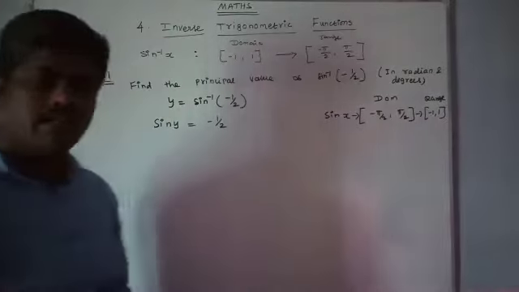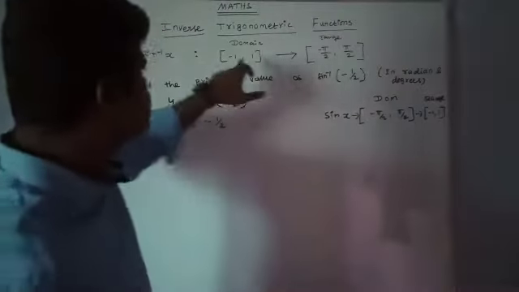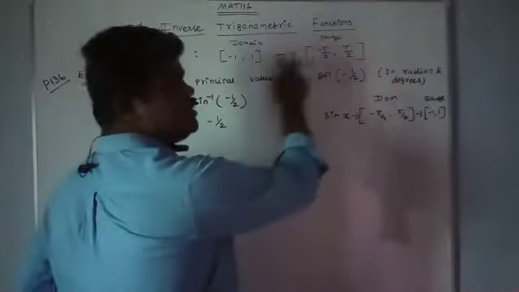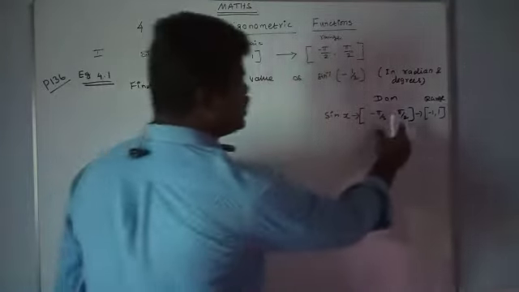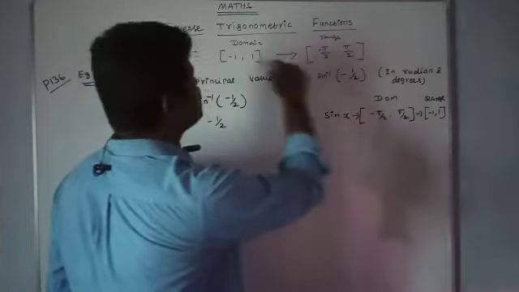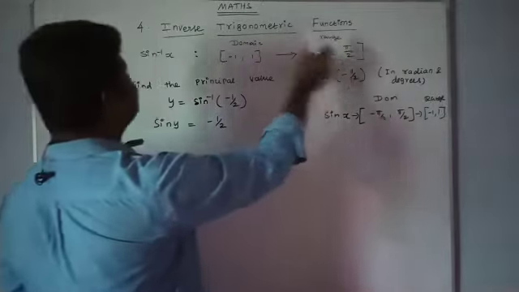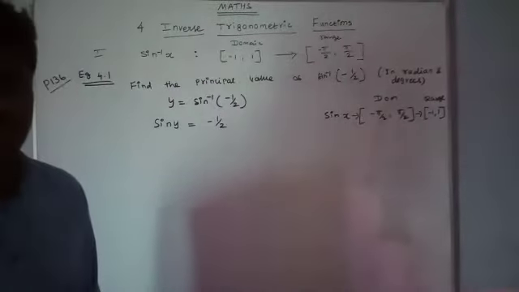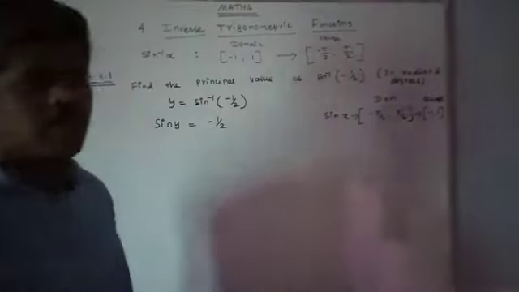Already we know sin inverse x, the inverse, has domain minus 1 to plus 1, but the range is minus pi by 2 to plus pi by 2. We want to know these two values, very important.